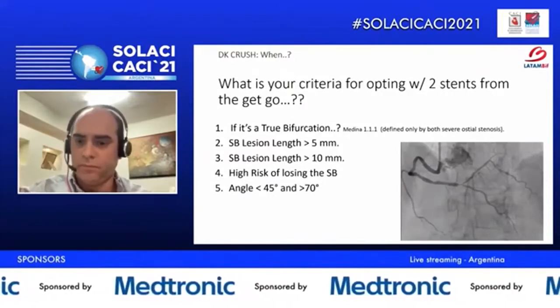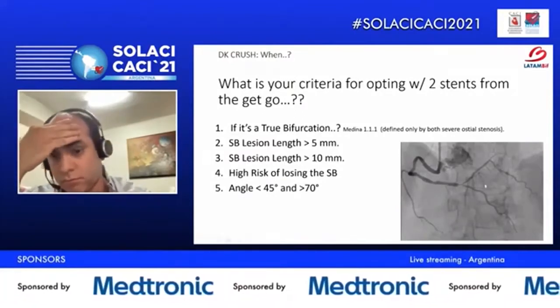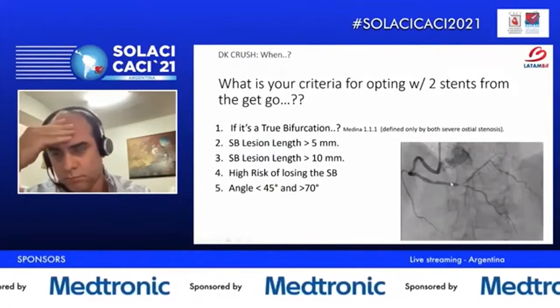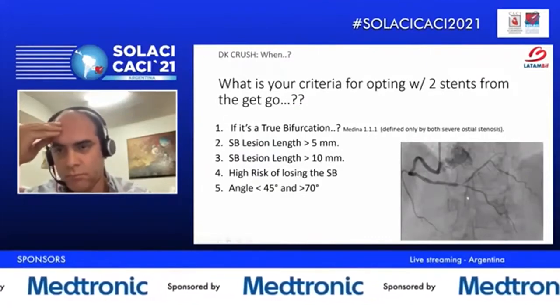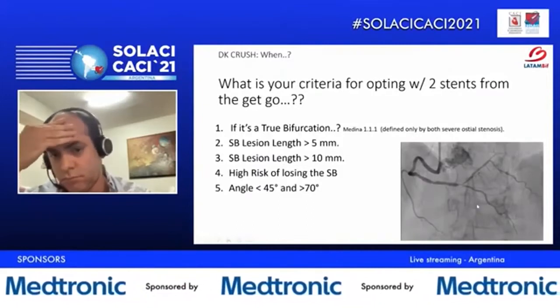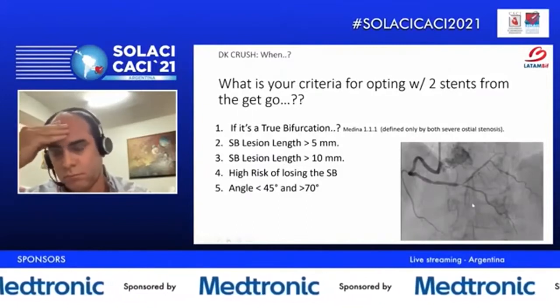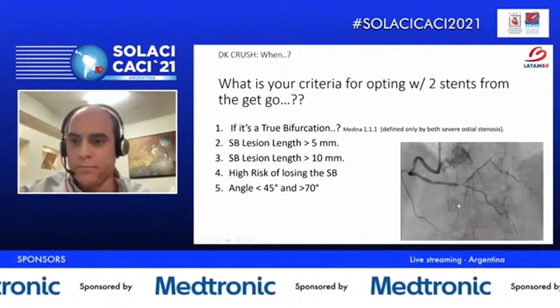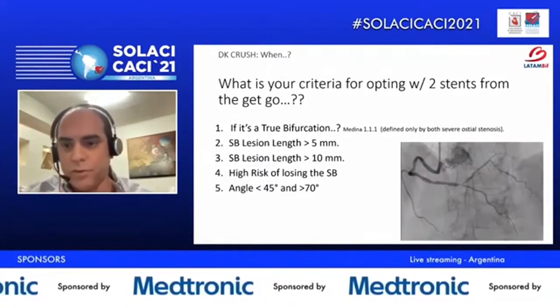In this lesion, for example, that I'm showing you, which is Medina triple one, it's a true bifurcation. Would you begin with a two stent strategy, or would you rather begin with a provisional stent strategy?